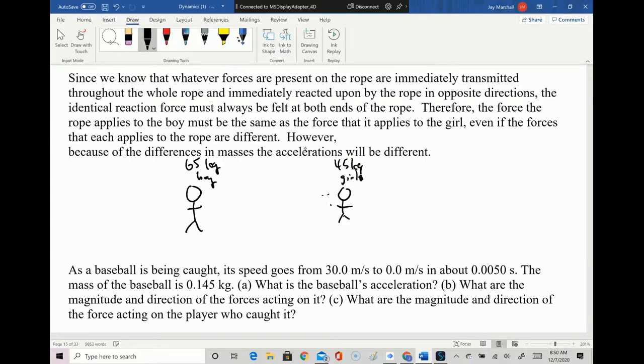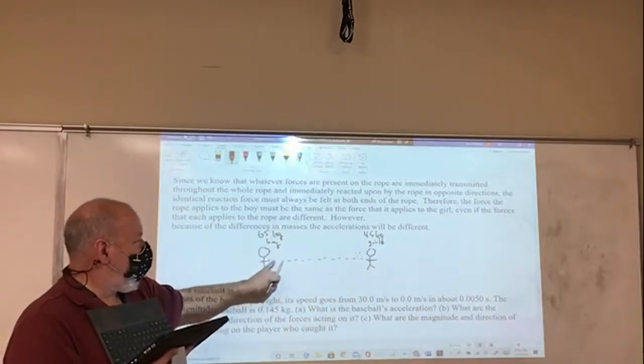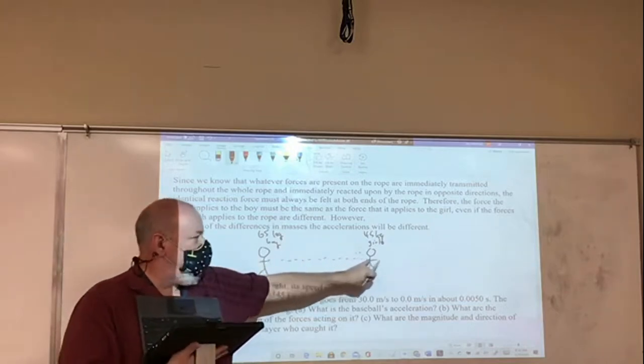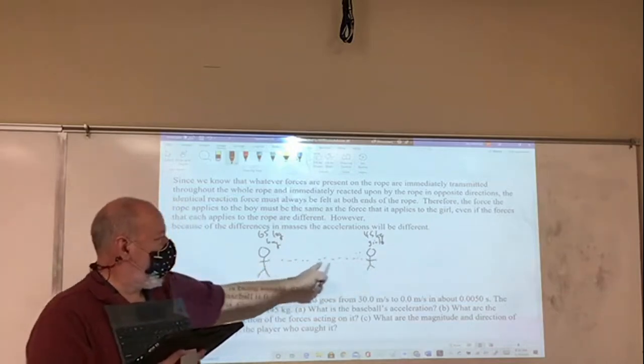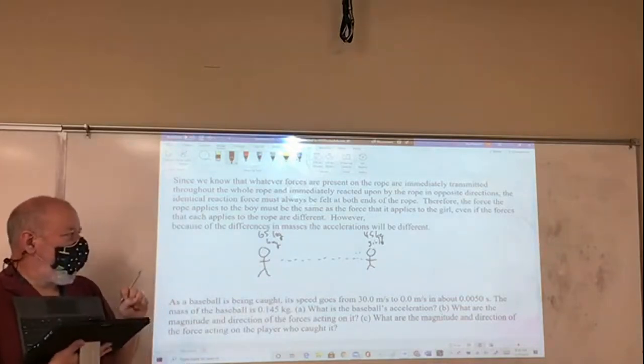And they're holding a rope. And the forces, we've said, at both ends must be the same, because the forces that are transmitted throughout the rope are action-reaction forces. The force that both of these individuals feels pulling on them has to be the same.